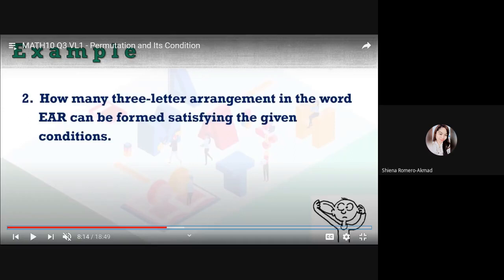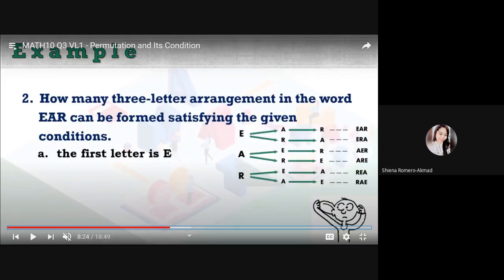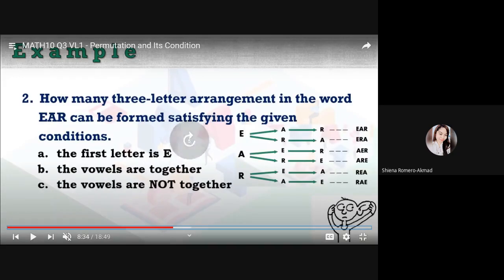So for example, number 2, we are asked a certain question, or we have to satisfy the given conditions here. So we formed 6 arrangements using the word ear, and we are given here 3 different conditions.